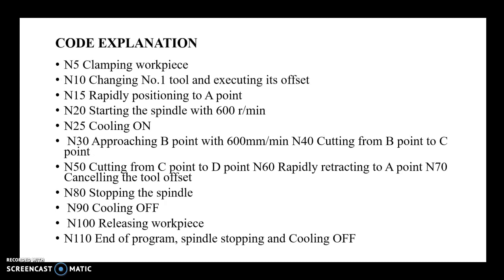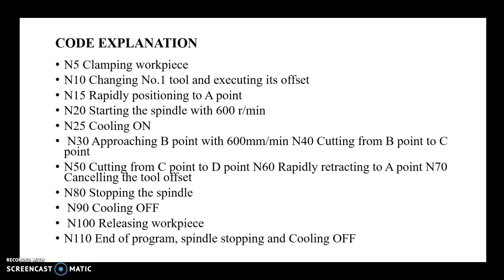N5 is clamping the workpiece. Next, block N10 is changing to tool number 1 and executing its offset. N15 is rapidly positioning to a point. N20 is starting the spindle at 60 revolutions per minute.